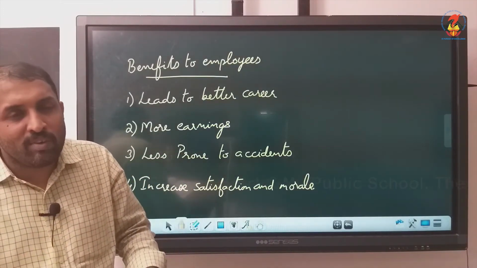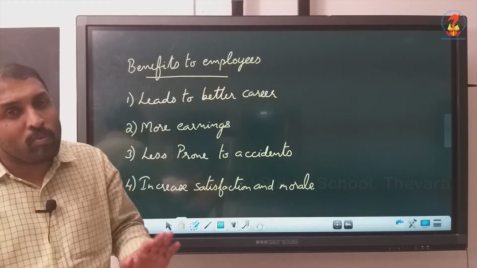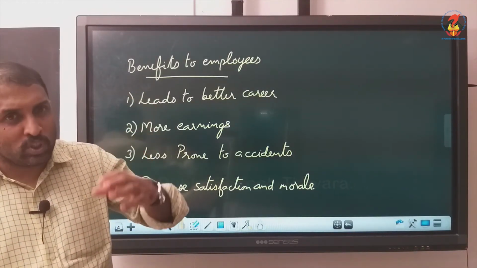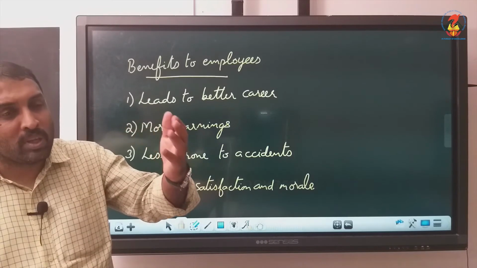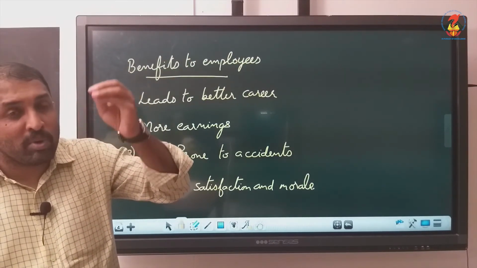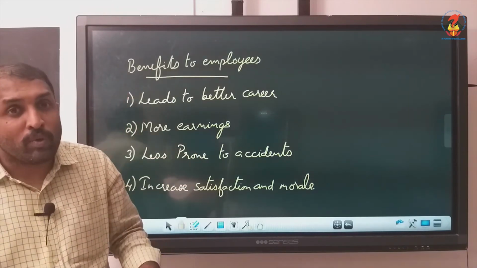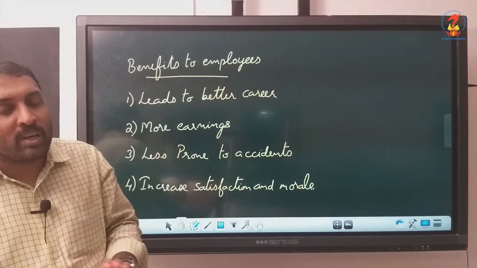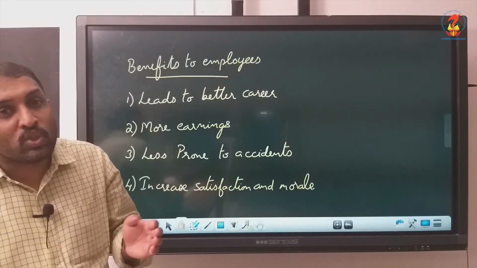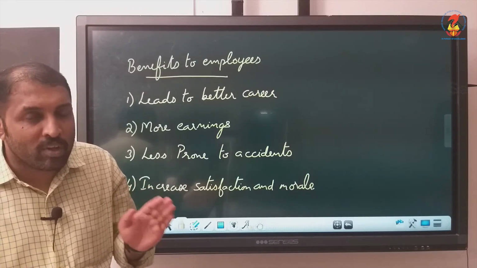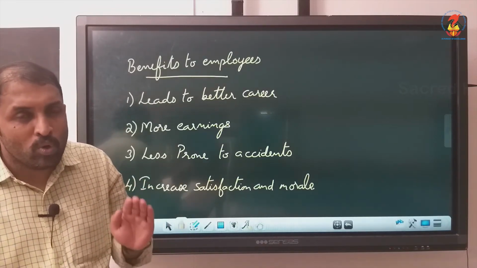So training always helps employees grow in their position. They can get a better position, better jobs, and a better pay. If you are looking at the career of an employee, training always leads to a better career. That is one of the benefits employees get through training.